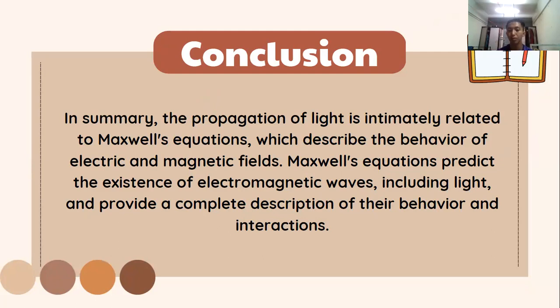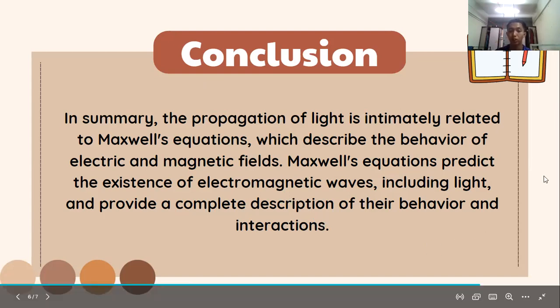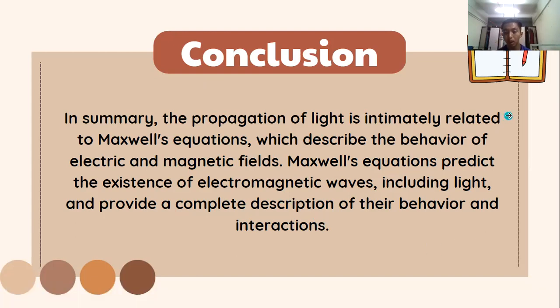So this describes the behavior of electric and magnetic field. Maxwell's equation predicts the existence of electromagnetic waves, including light, and provides a complete description of their behavior and interactions. So that's all from our group.